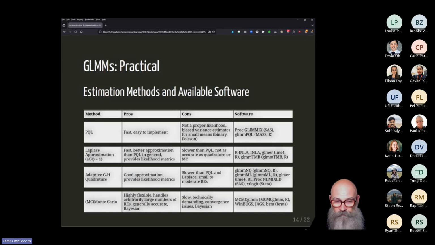If I had the choice, I would always choose, if I'm doing frequentist work with generalized linear mixed effects models, and by frequentist, I mean not Bayesian, adaptive Gauss-Hermite quadrature is the gold standard, in my opinion. And I know I'm probably a little bit biased, but it generally is, at the moment anyway, the current gold standard.